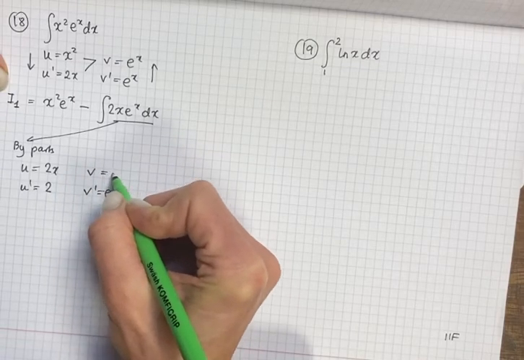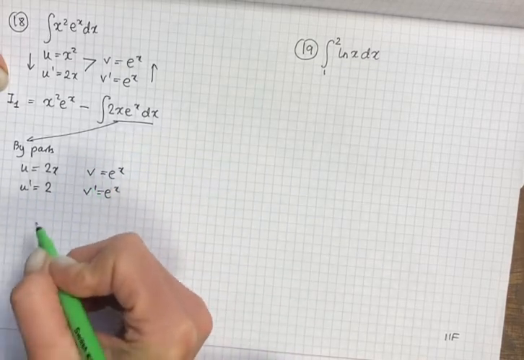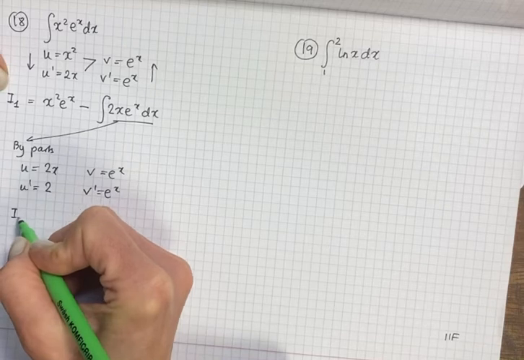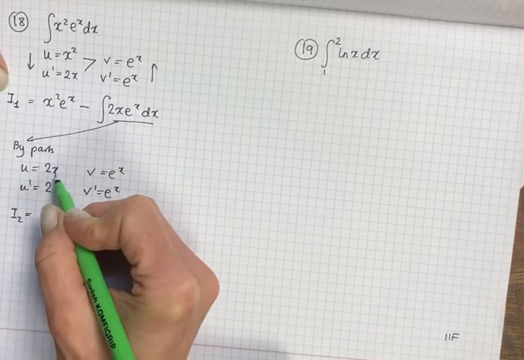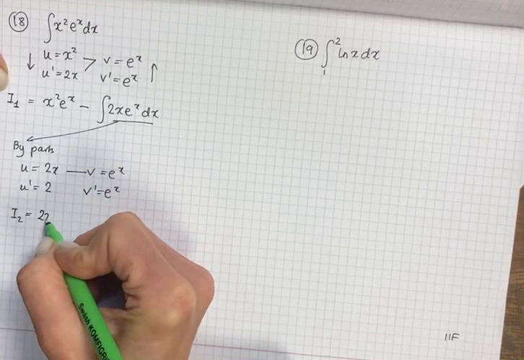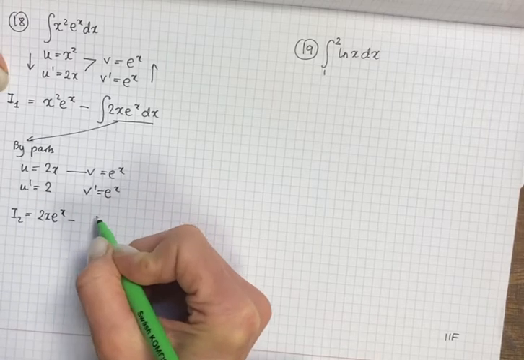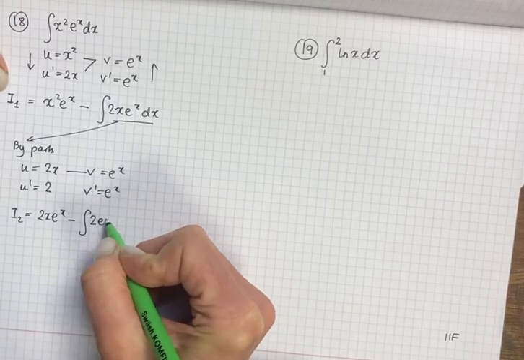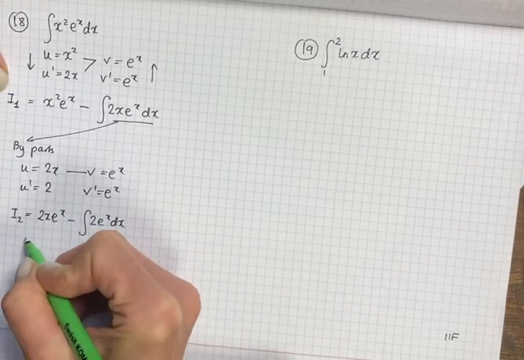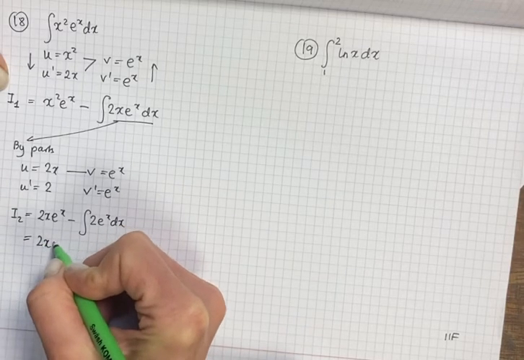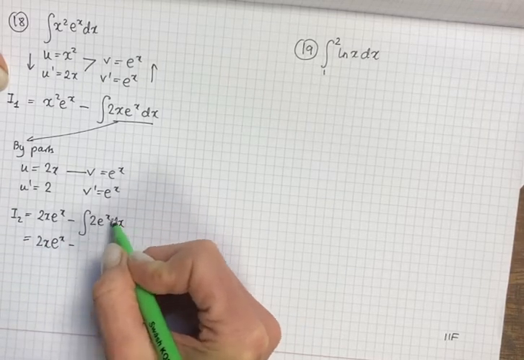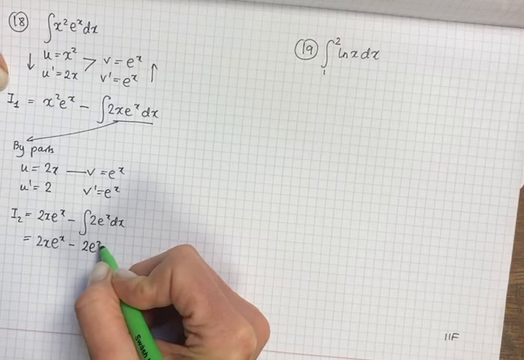So v is equal to e to the power of x, and another number 7. So let's call it I2. So it's going to be 2x multiplied by e^x minus the integral of 2e^x dx. So it's 2x e to the power of x minus 2e to the power of x.